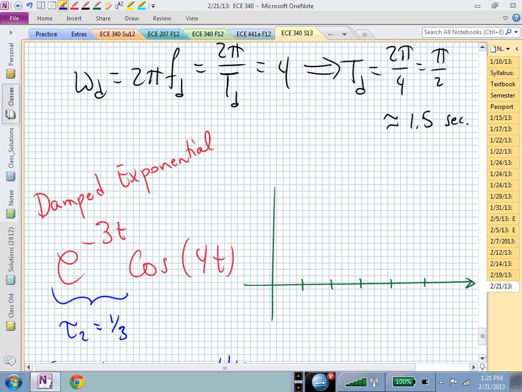My damped exponential is going to start up here at 1. If this is now 1/3, it's effectively gone after 5 time constants.